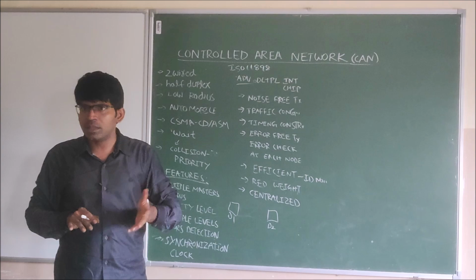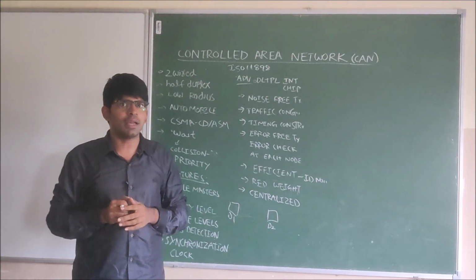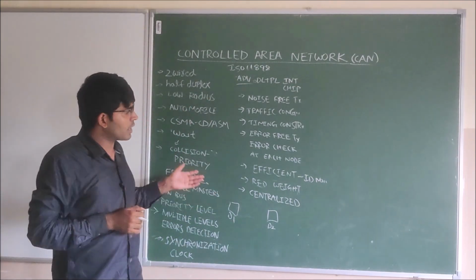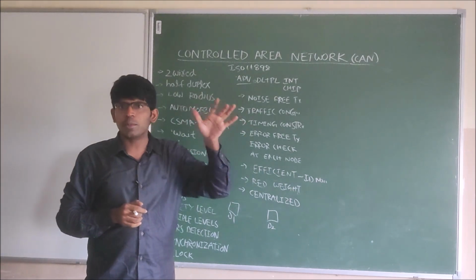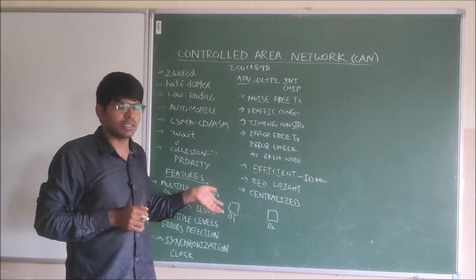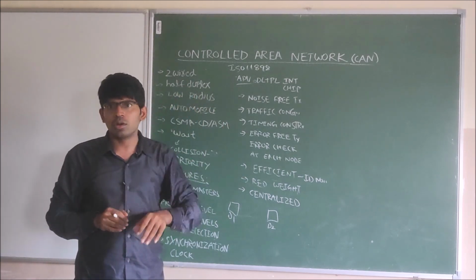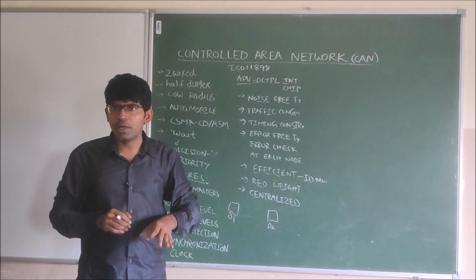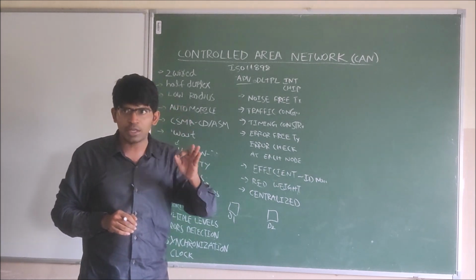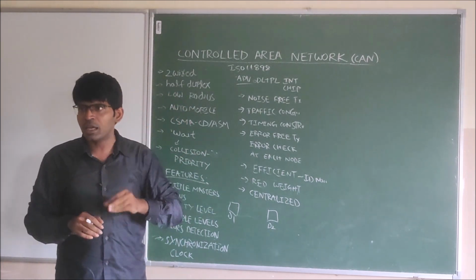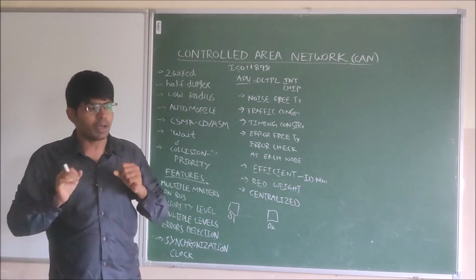That does not mean that we cannot implement it for the high radius, but it may become cost effective compared to the remaining protocols when we go for the high radius. This is the best protocol in terms of speed and in terms of the reliability of the frames of data we are sending when we are using it in the automobile.